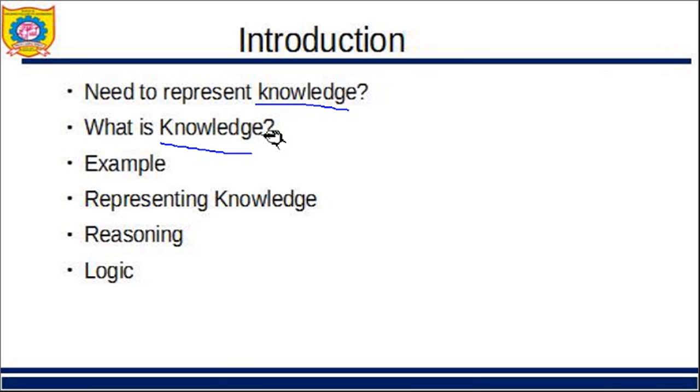We'll just see an example. A teacher wants to judge the performance of a particular student. In order to judge the performance, her judgment will be based on either the previous performance of the child, whatever he has performed previously, or the information given by other teachers.